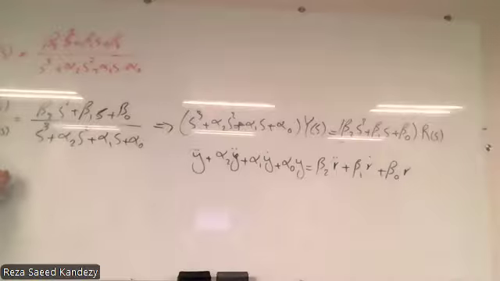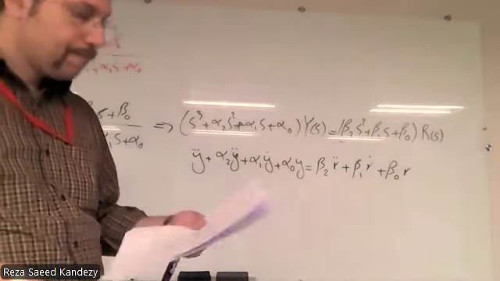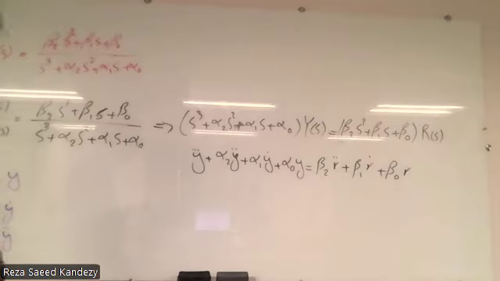We said x1 is always the function itself, x2 is the derivative, and x3 is y double dot.